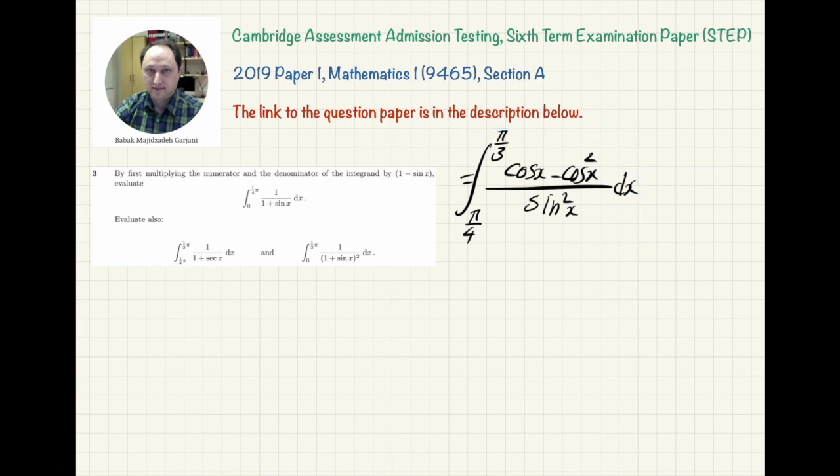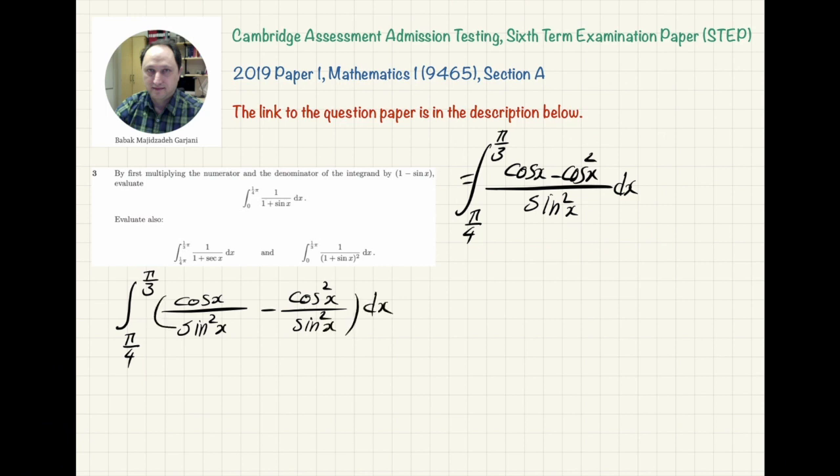So what I do is I decompose this into two pieces. So this becomes the integral from pi over 4 to pi over 3 of cosine x divided by sine squared x minus cosine squared x divided by sine squared x, and then I will have dx.